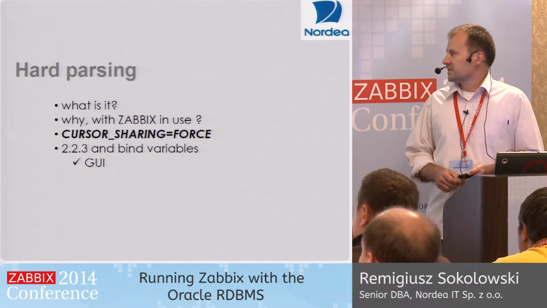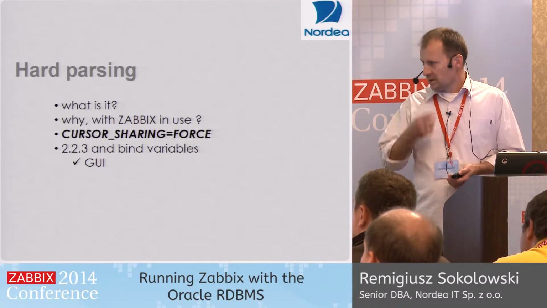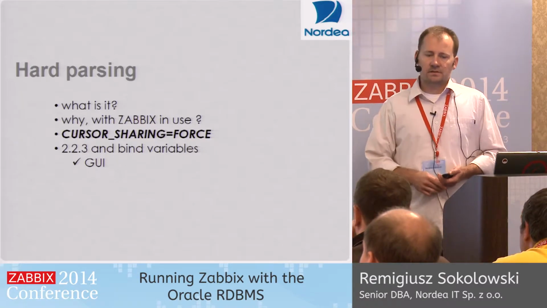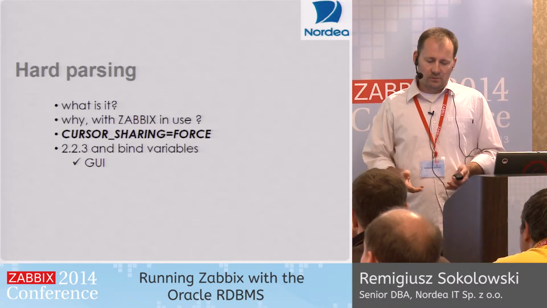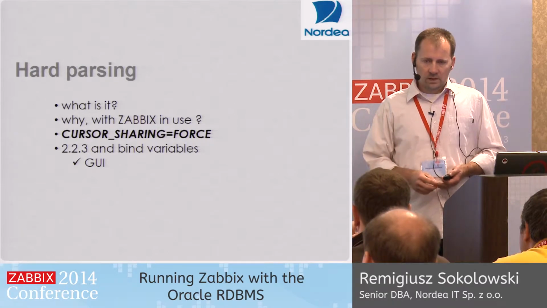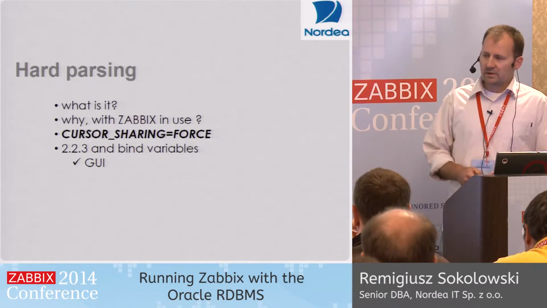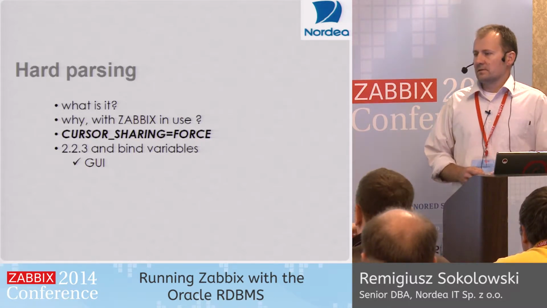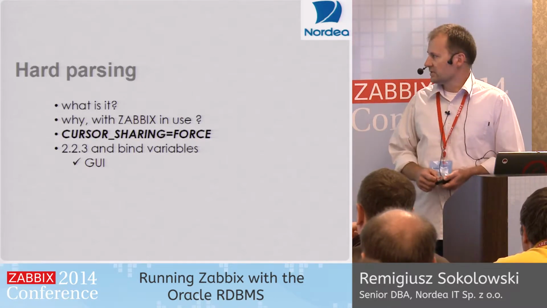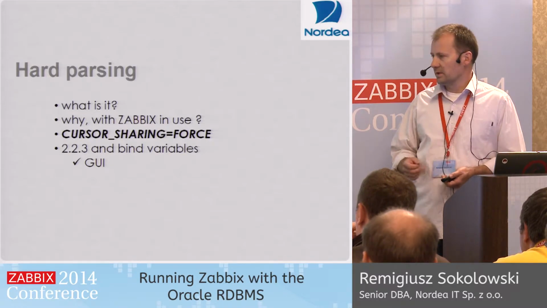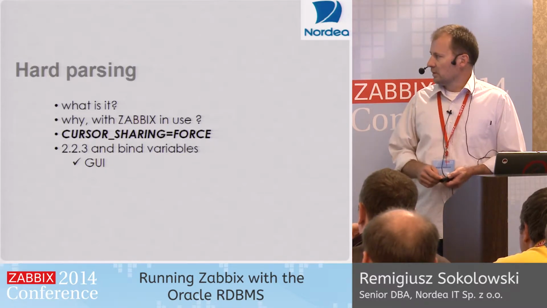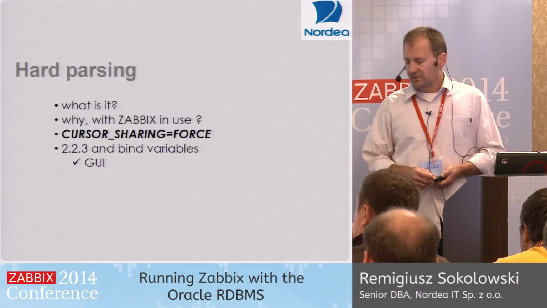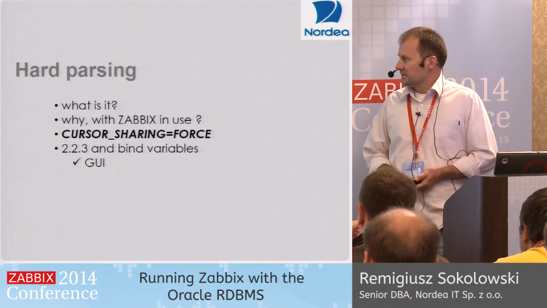So here is the setting to force, and actually this is a must if you work with Oracle because of the CPU burning. Even with the newest 2.3 version, for example, which we migrated a few months ago, you still have to use this setting.